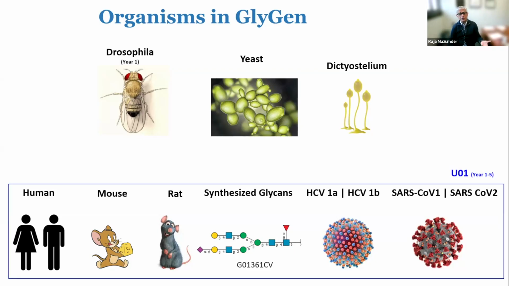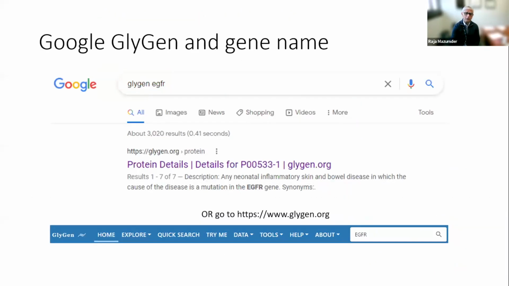And then we also bring in all of the known glycans associated with that organism into the resource. So we can also look at the enzymes that are involved in synthesizing the glycans. You can look at other things. So the ability to look at it from a more systems level is our hope, our goal.